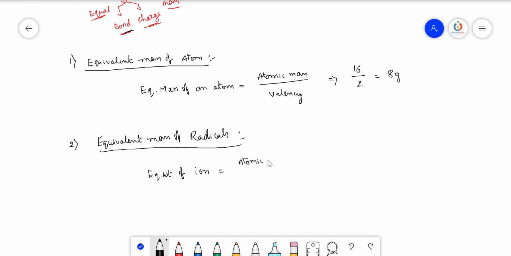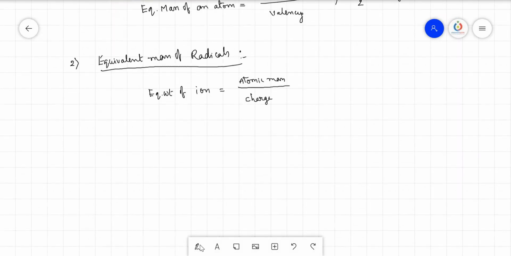If it is a single atom, you take the atomic mass; if it is a combination, then take the formula mass, divided by the charge present on the ion. Let us take some examples here.